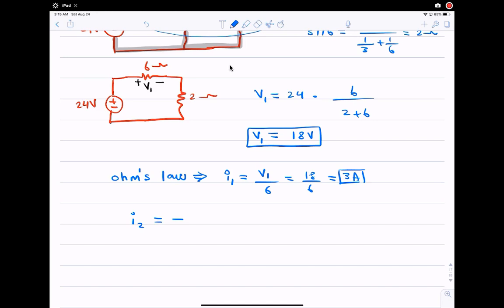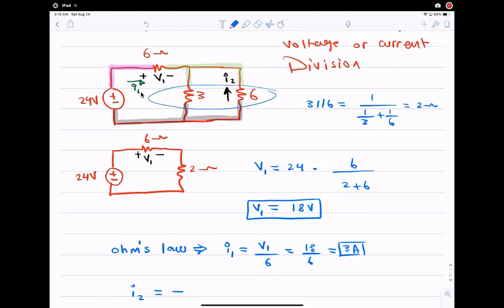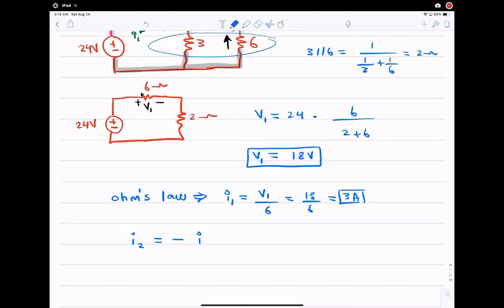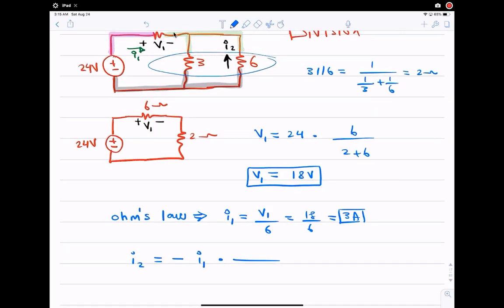The current that entered the node equals I1. So the current I'm going to use here is I1 multiplied by, we said for the current division we have to multiply by the other resistor, not the same resistor. So I'm going to multiply by the 3 ohm over 3 plus 6. That means I1 is 3 amperes times 3 over 9, which equals negative 1 ampere.